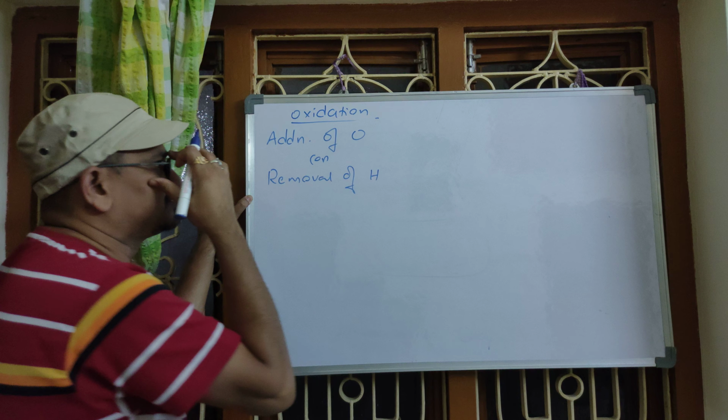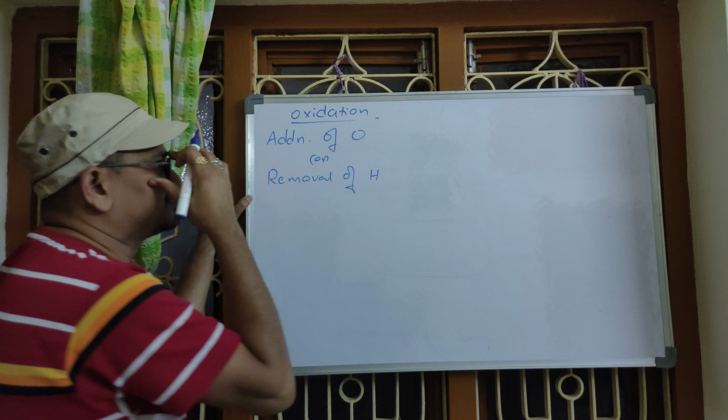Now you see what happened to A. A, which is in +2 oxidation state, gained 2 electrons and is reduced to A. So during this reduction, gain of electrons is happening. So gain of electrons also corresponds to reduction reaction. Reduction reaction means either addition of hydrogen or removal of oxygen, in which gain of electrons is happening.